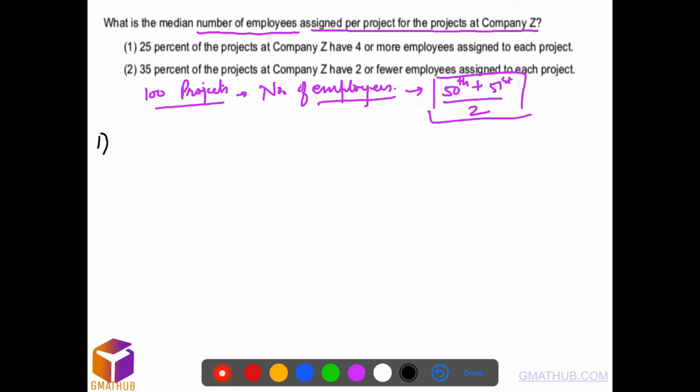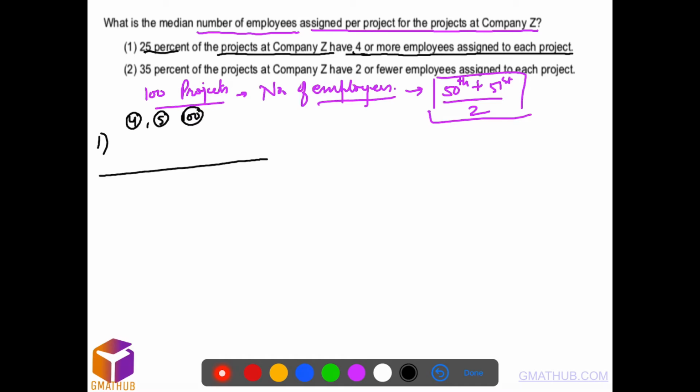First statement: 25% of the projects at company Z have 4 or more employees assigned to each project. So out of a total of 100 projects, any project having 4 employees will be part of these 25. Any project having 5 employees will be part of these 25 projects. Every project that has 1,000 employees will also be part of this, because anything more than 4 will be part of this. Any project which has 1 million employees will also be part of it.